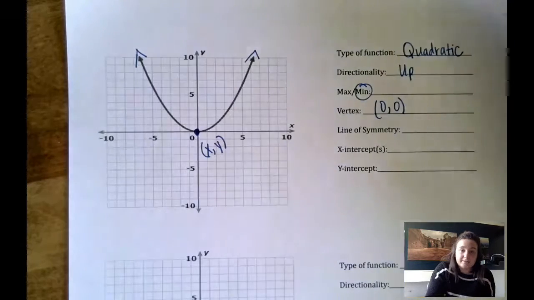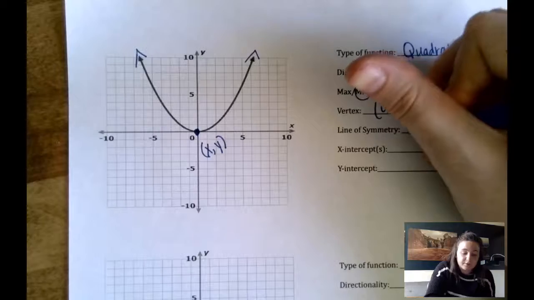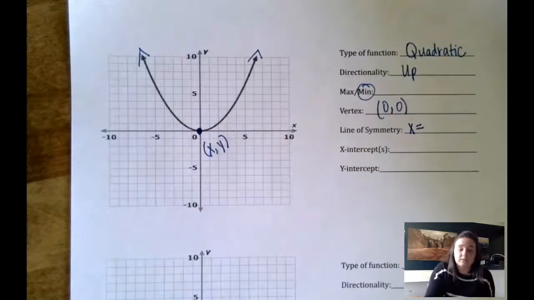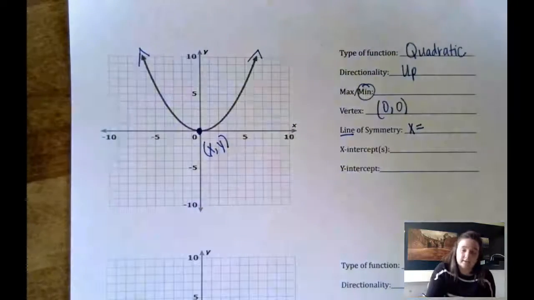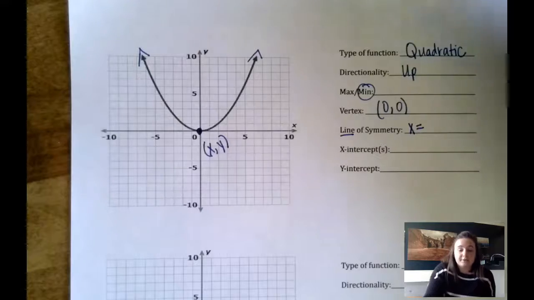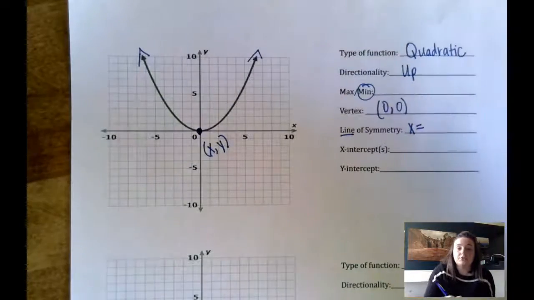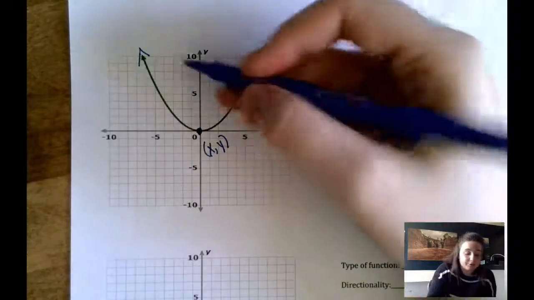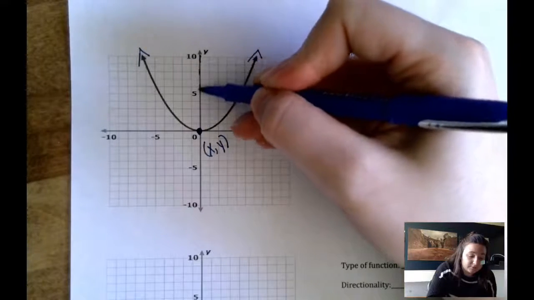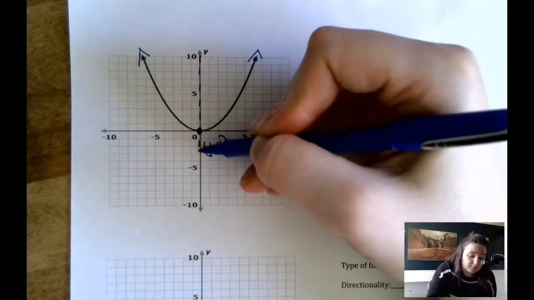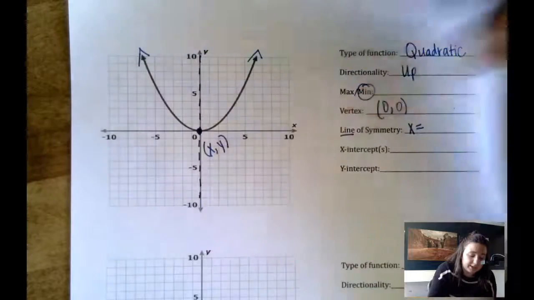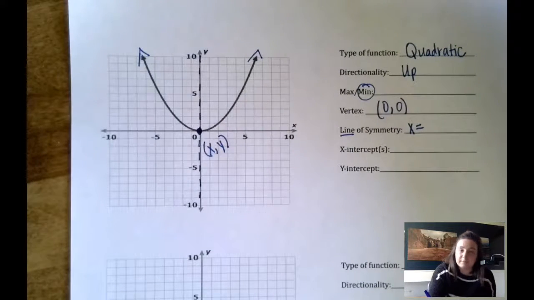Next, we have our line of symmetry. And so line of symmetry, it's really important that you always start with x equals, because that tells us that it's a line. And then to figure out what number goes here, you have two options. You can either draw in the line of symmetry, the vertical line that would cut your parabola or quadratic in half. Parabola is just another word for quadratic. I don't think I mentioned that in the last video.